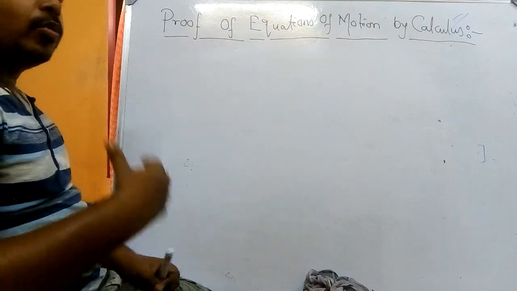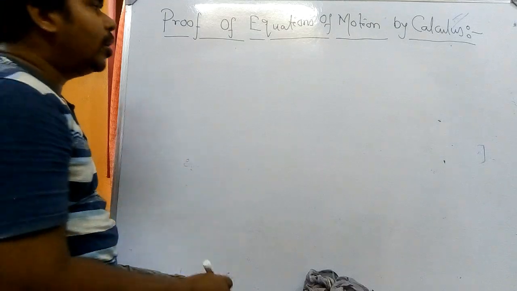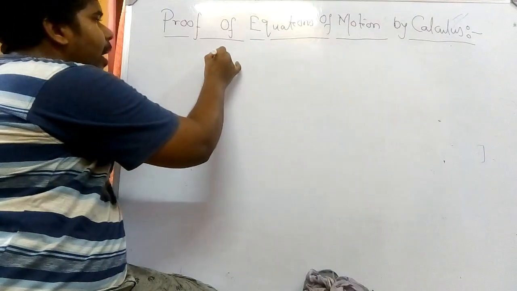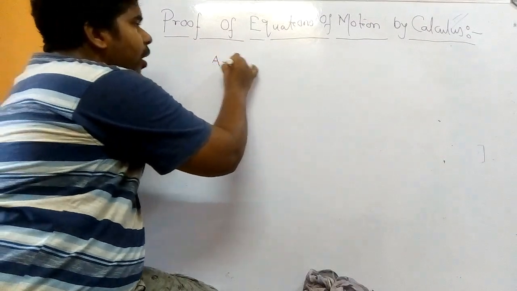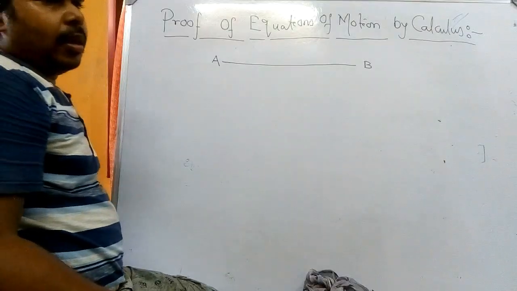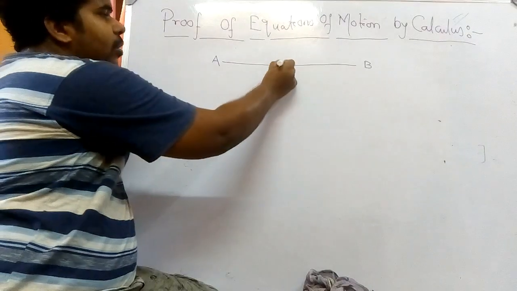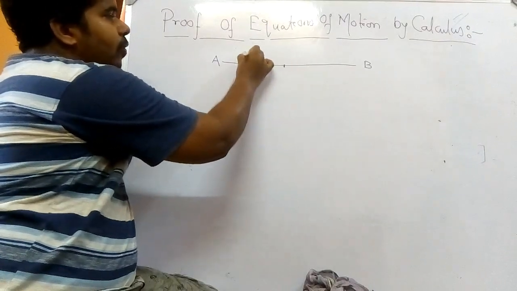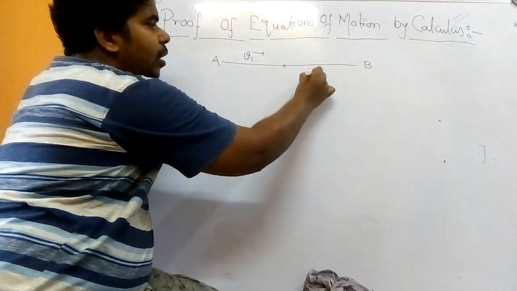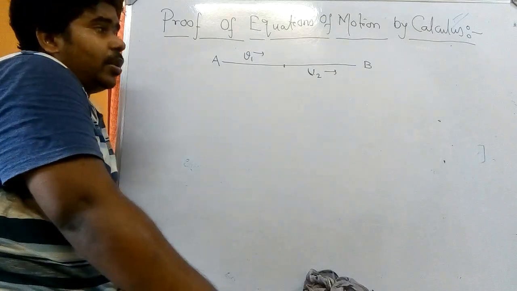To tell the truth, you have done that numerical earlier, but here we have to make you remember one thing. One question has come several times, that if a body covers a distance in two different ways, that means in the first half it goes with a velocity v1, and in the second half it goes with a velocity v2, then what will be the average velocity of the body?